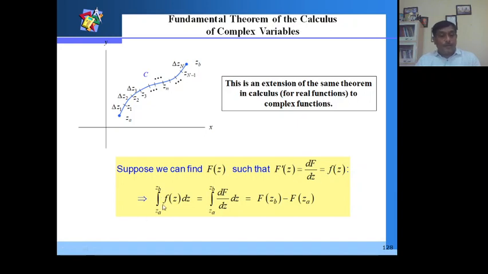If we take the integral from zA to zB of f(z) dz, that is the integral of the derivative of capital F divided by dz into dz, then that becomes the functional values F(zB) minus F(zA). That is the fundamental theorem of calculus for real functions that is extended.